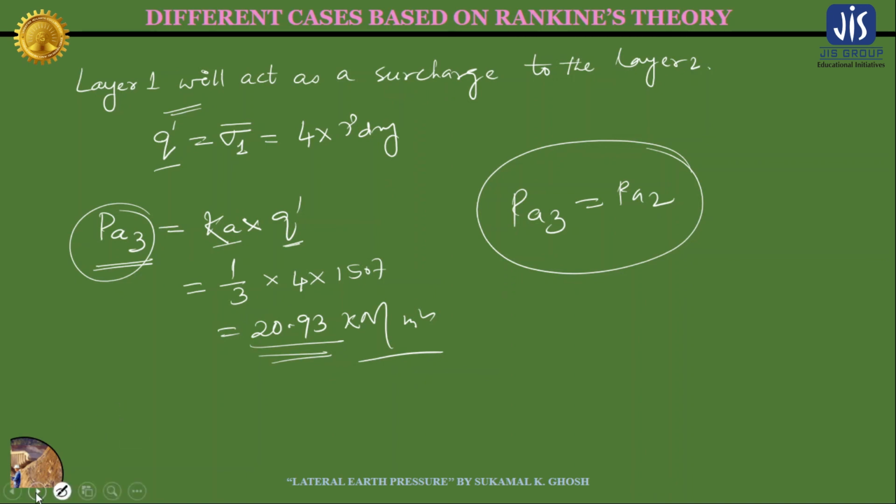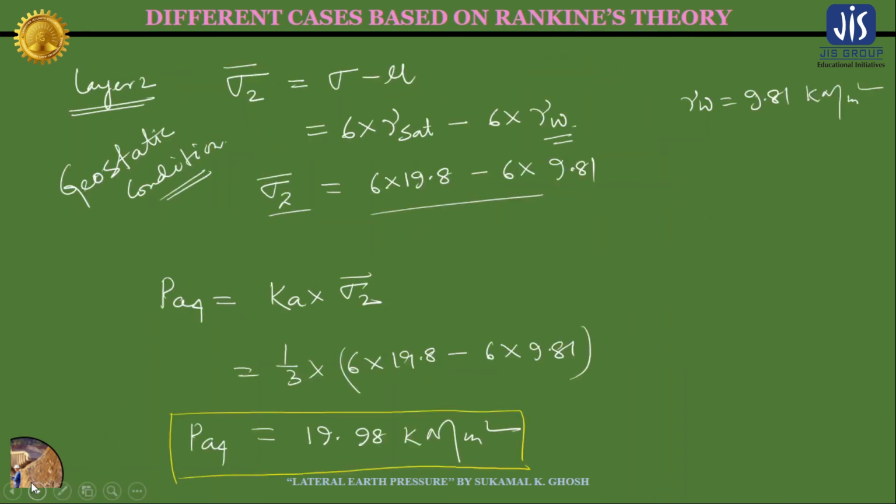Now for layer 2 there will be a geostatic condition and a hydrostatic condition. For the geostatic condition we calculated the effective stress, that is total stress minus pore water pressure, which equals 6 into 19.8 minus 6 into 9.81. This 19.8 is the saturated unit weight and this 9.81 we considered as the unit weight of water, kilonewton per meter cube.